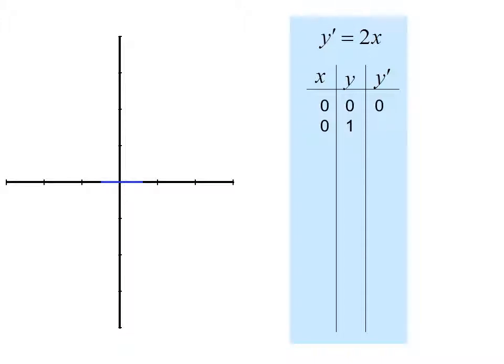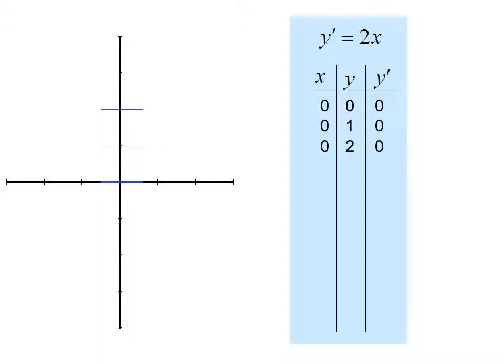If we choose x equals 0 and y equals 1, y prime is still 0. So we draw another line segment with a slope of 0. If x is 1 and y is 2, once again y prime is 0. So we draw another line segment with a slope of 0.